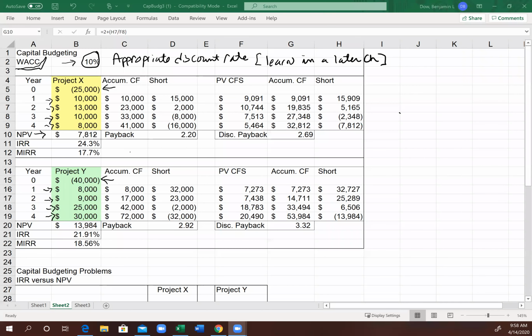The payback period is about 2.2 years for project X. How do we calculate that? Remember, all my stuff got erased.